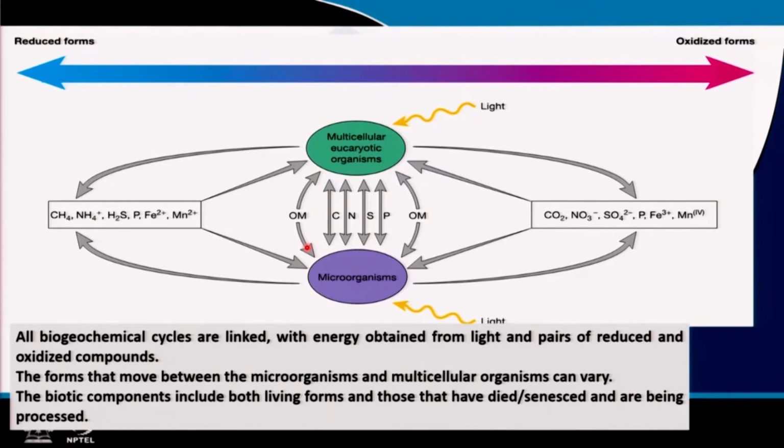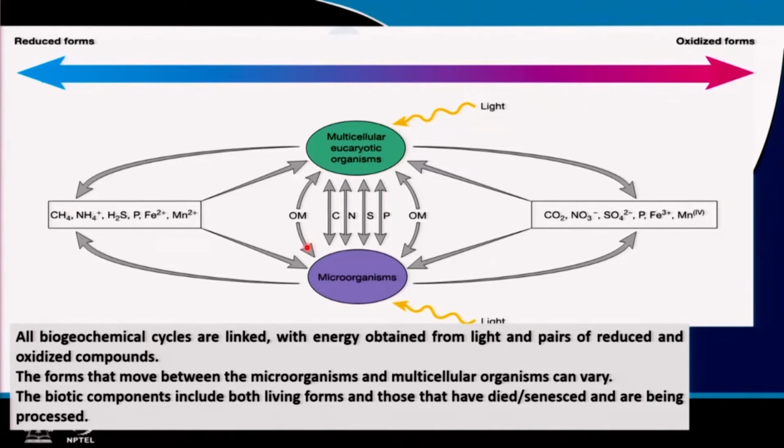So, essentially that means all the biogeochemical cycles, or all the cycling of the different nutrients and elements, are linked, and they are linked as these processes could be coupled, with the energy obtained from either light or pairs of reduced and oxidized compounds.